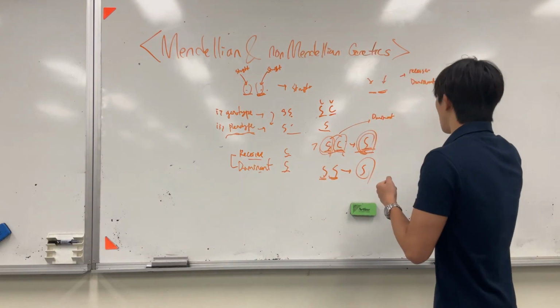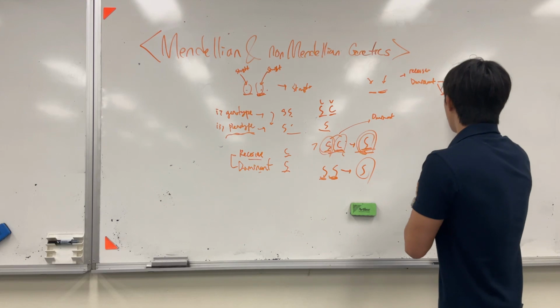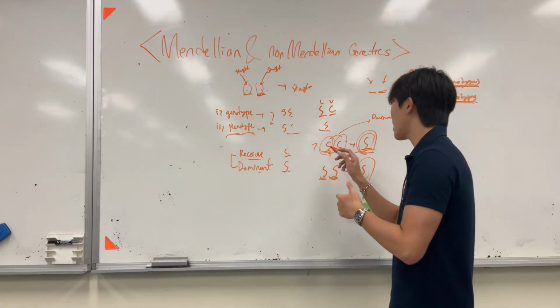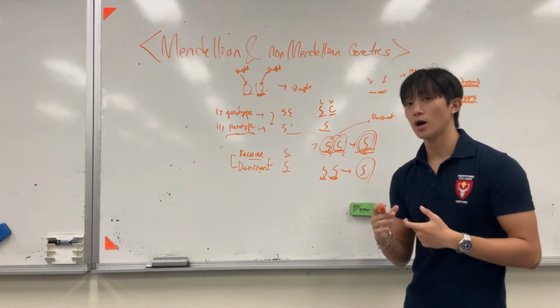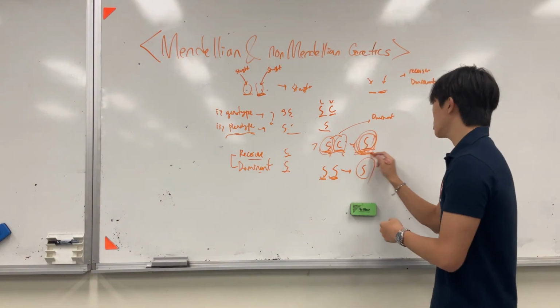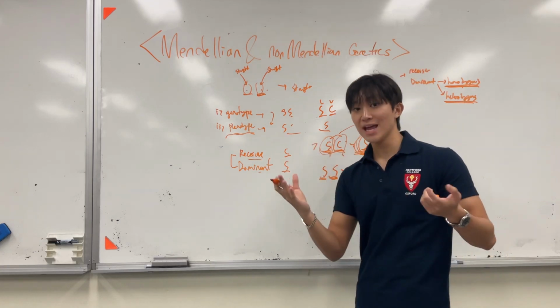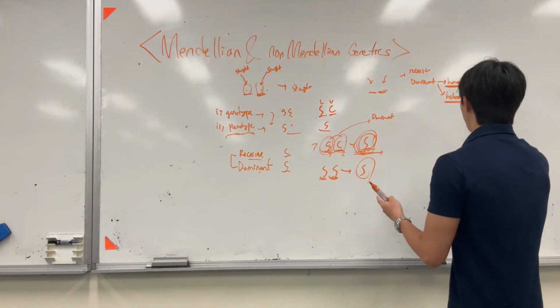So homozygous dominant has two of the same dominant alleles, whereas heterozygous dominant is when you have one dominant allele and one recessive allele, and the two combine, and one overrides the other so the dominant trait is realized in your body. So this is the basics of Mendelian genetics.